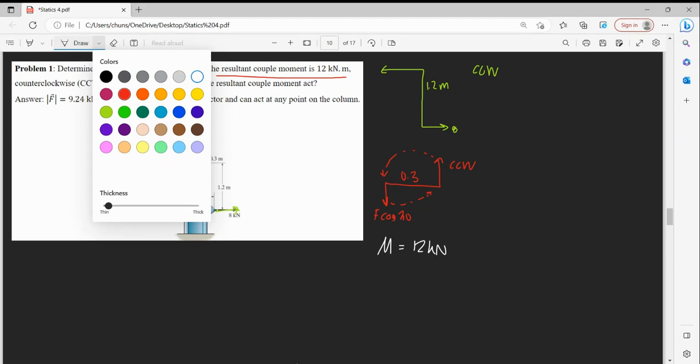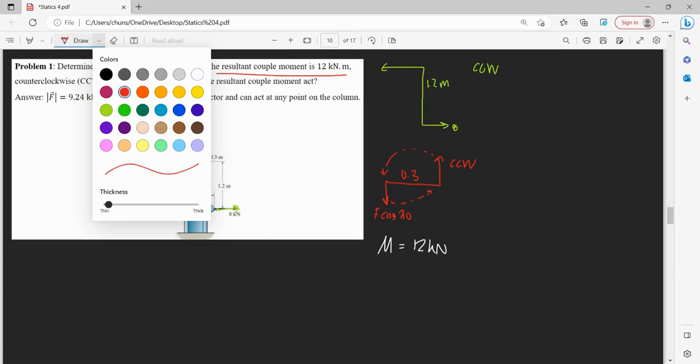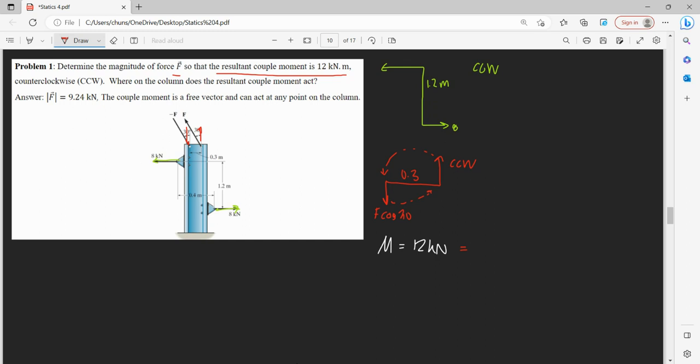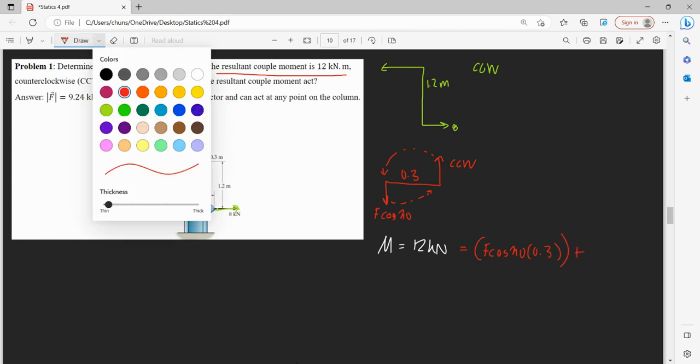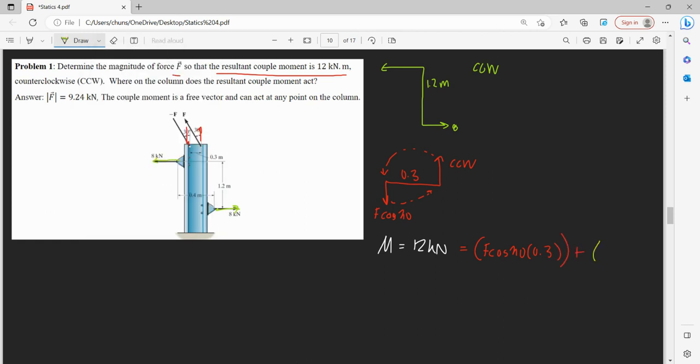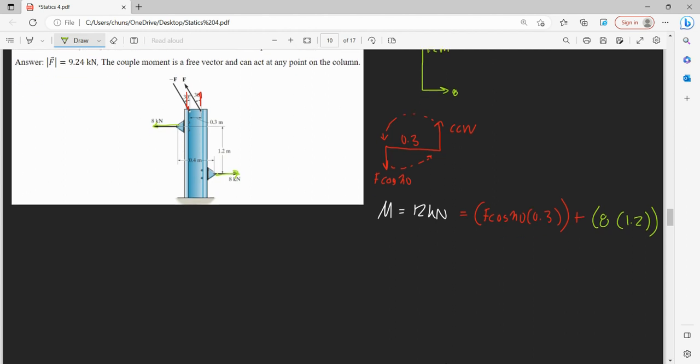So we want to find what F is. So this is F cos 30 with a distance of 0.3 meters, and that's plus our 8 kilonewton couple. That's 8 times 1.2 meters. And so then we can move this to the other side.